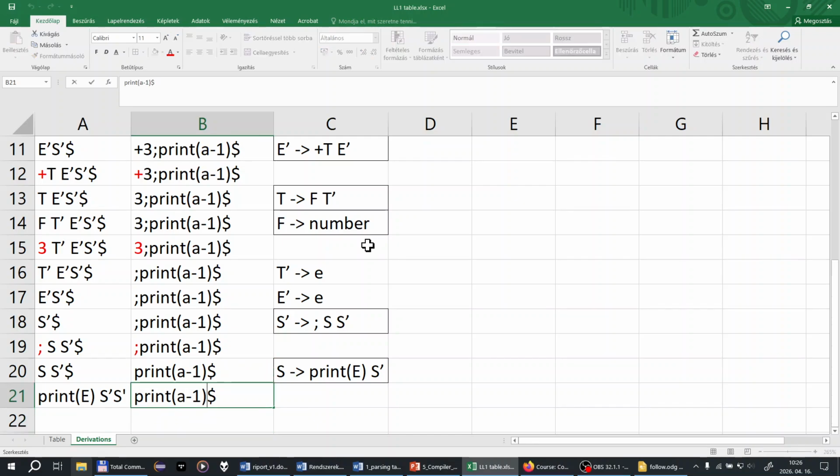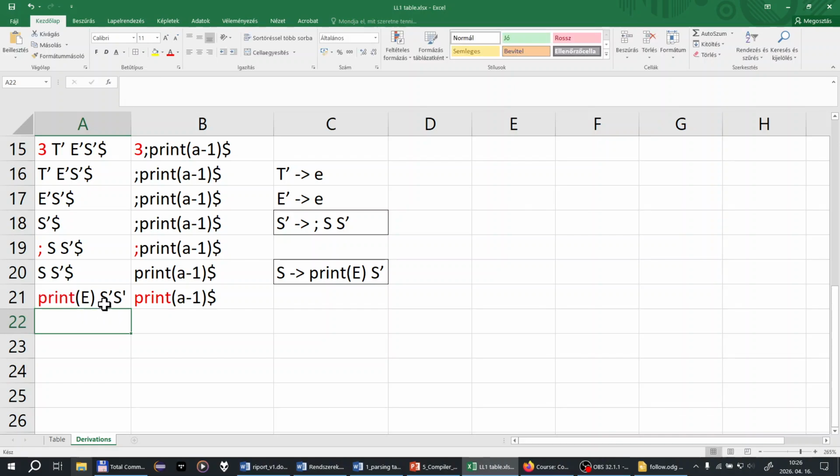And here we have print at the beginning and the same at the input, so it is eliminated.